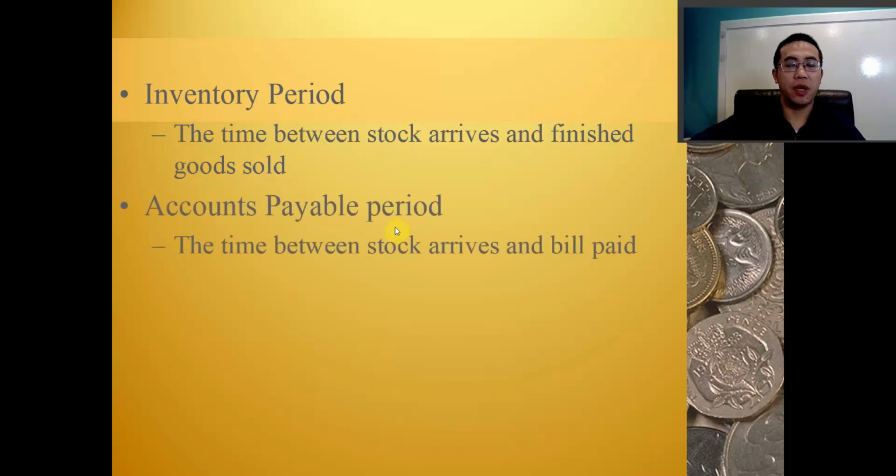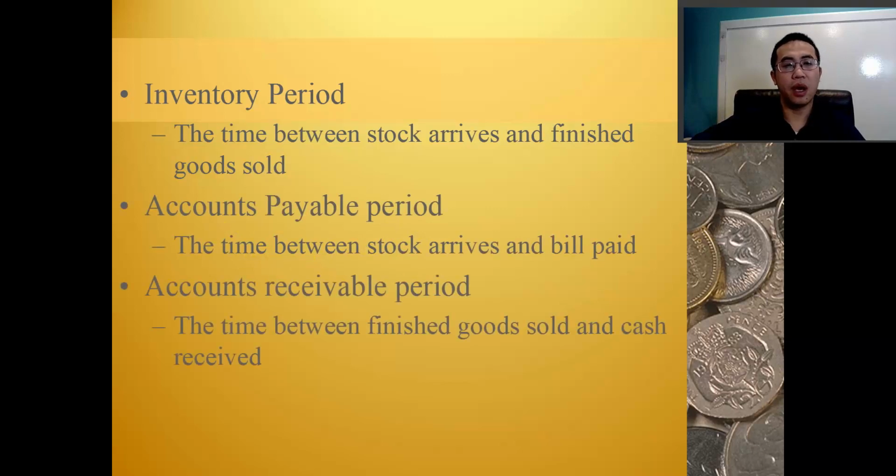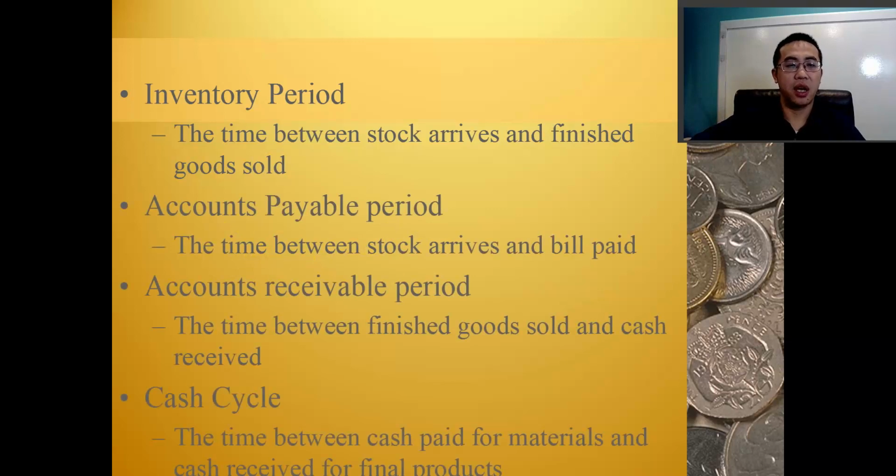And for accounts payable period, likewise, you need to know your payable turnover. The accounts payable period is the time between stock arrives and the bill paid. Accounts receivable period is the time between finished goods sold and the cash received. And the cash cycle is the time between cash paid for materials and the cash received for final products.